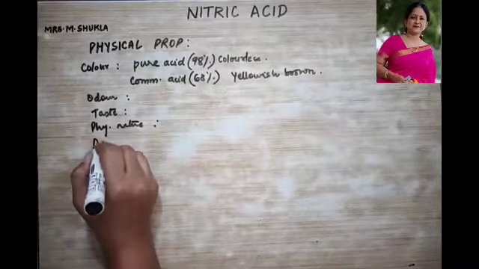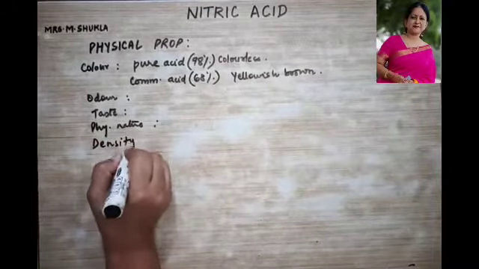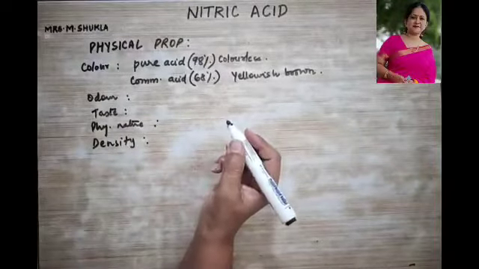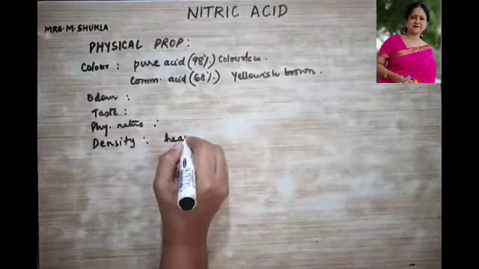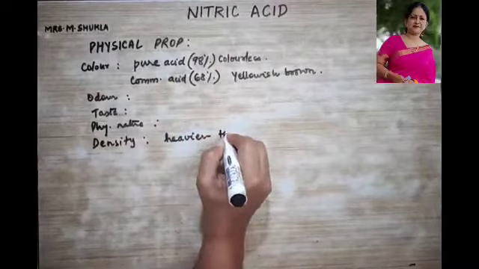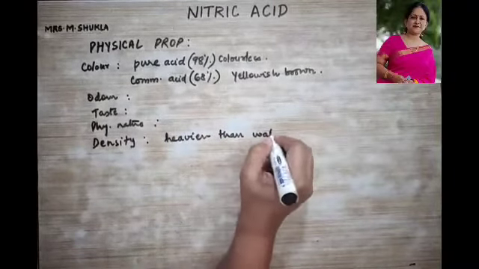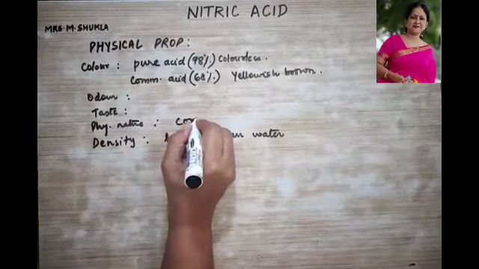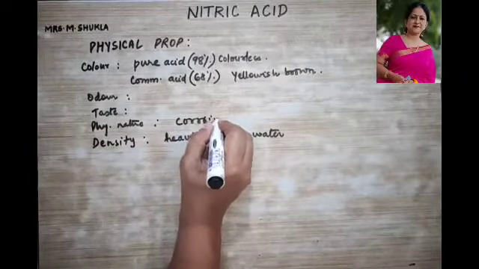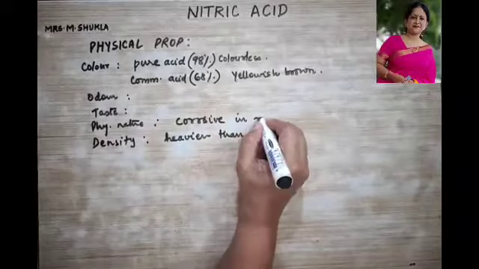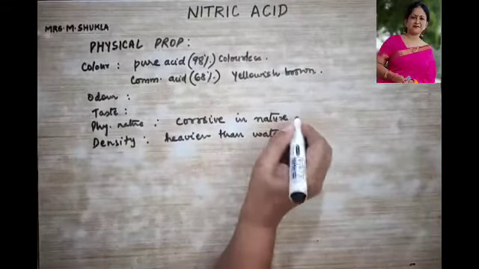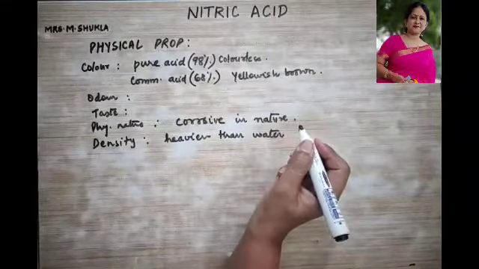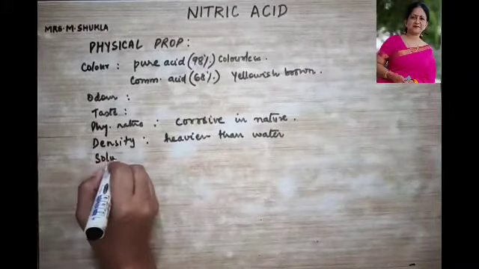Then what do we know about the density? It is always heavier than water. Okay, this I should write over here: corrosive in nature. Then next point, what do we know about the solubility?